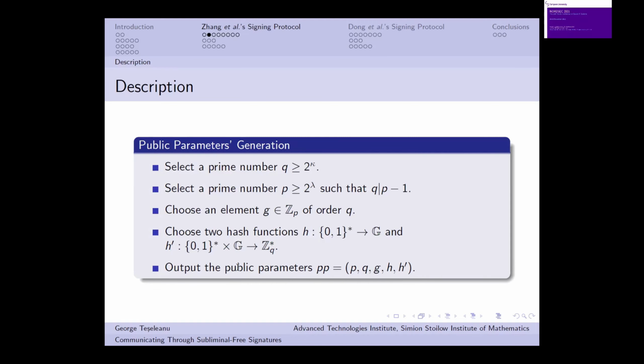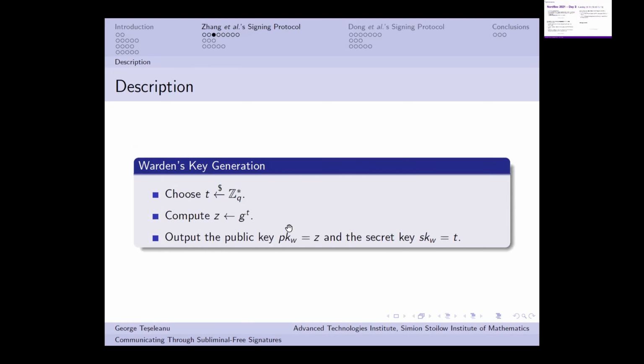So we again select two prime numbers P, Q, and an element G of order Q, and we also select two hash functions, and these are the public parameters. Then we have a warden generation algorithm and a signer generation algorithm. In the case of the warden, we simply choose a random T, and we compute the public key of the warden as G raised to T.